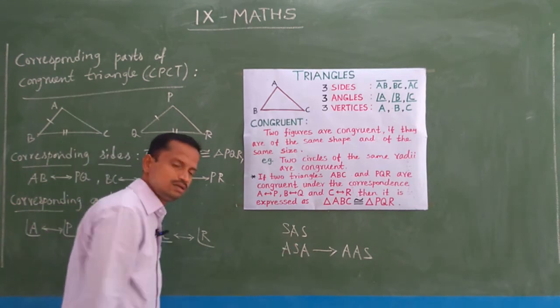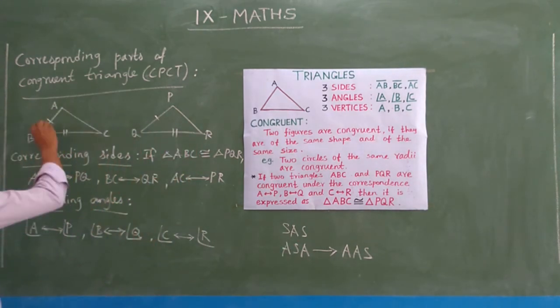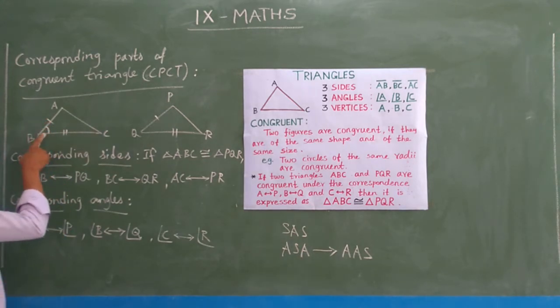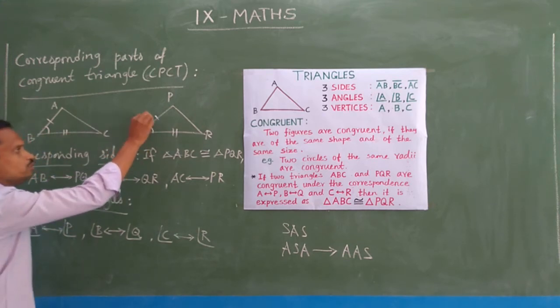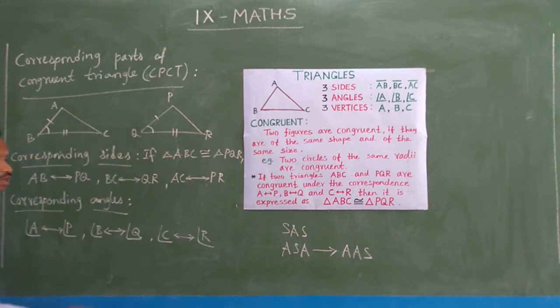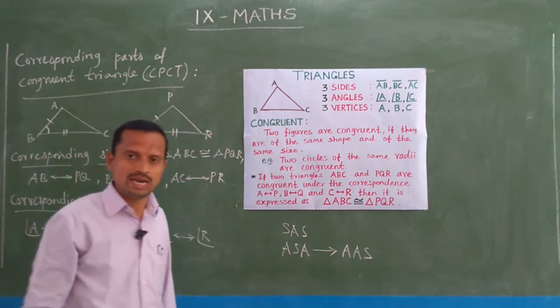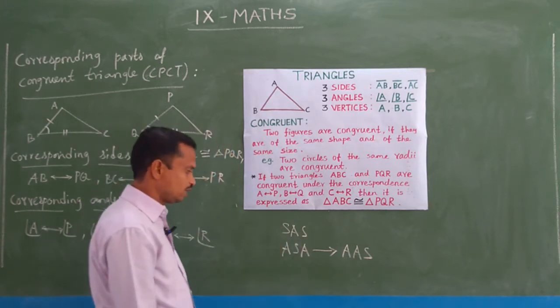SAS means A is in the center. Here this angle is included between these two sides. Here also like that, this angle is included between these two sides. So SAS means two sides and the included angle. The angle is included between the two sides. So like that we have to say.